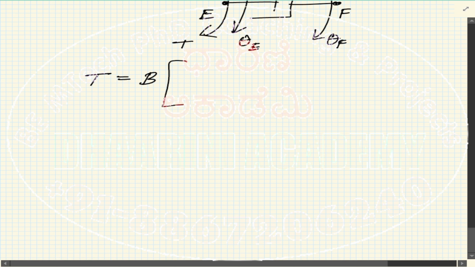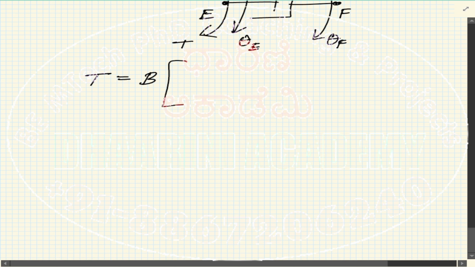We call this difference some d theta by dt. Then T is equal to B, the coefficient of viscous friction, into d theta by dt.